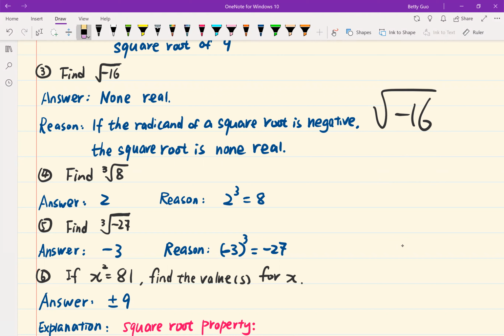So for number 3, you choose non-real, because there's no real number whose square is negative 16.